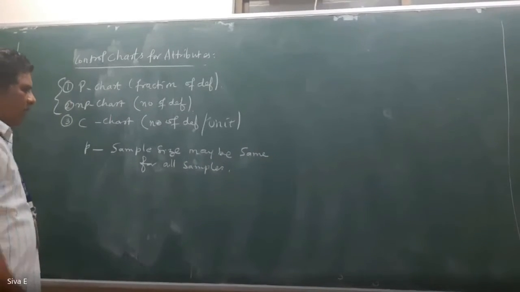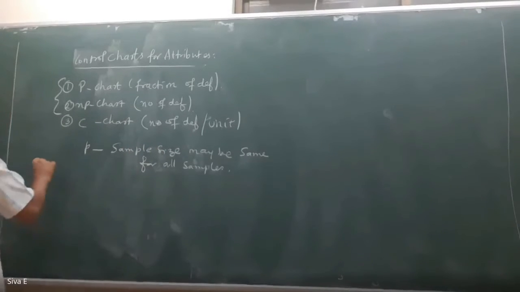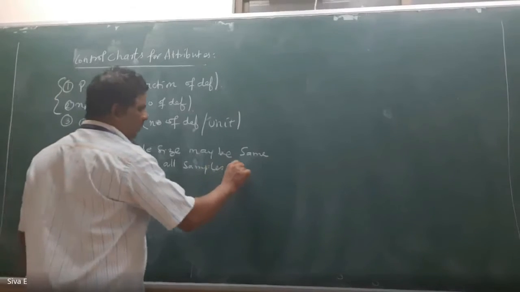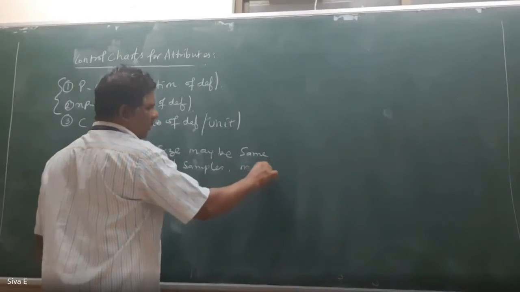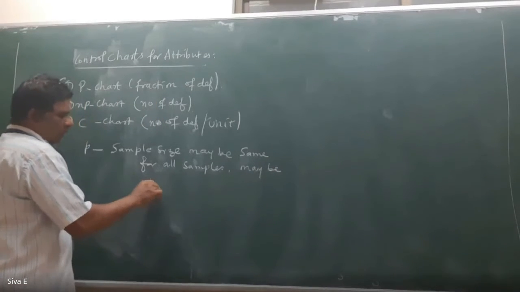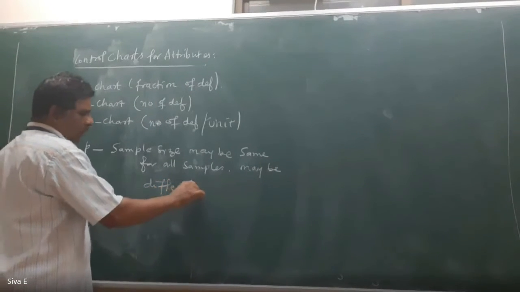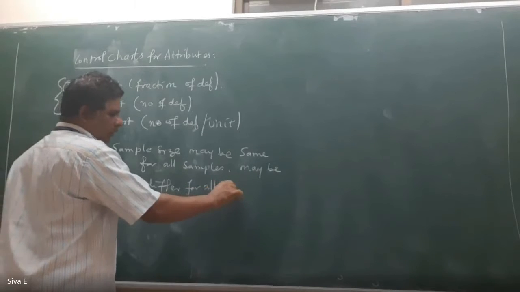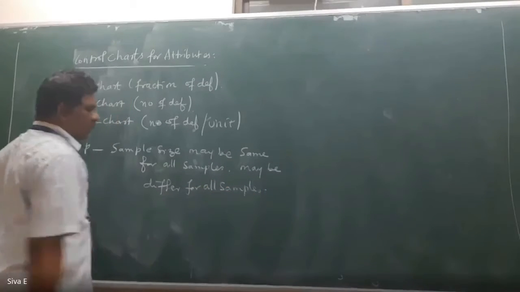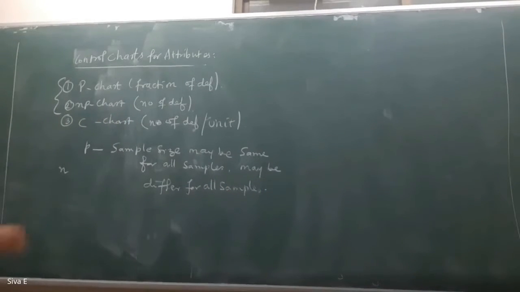Sample size is small n. Small n may be the same for all samples or may differ. There is no need for all the samples to have the same sample size.